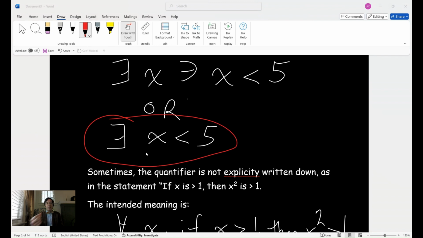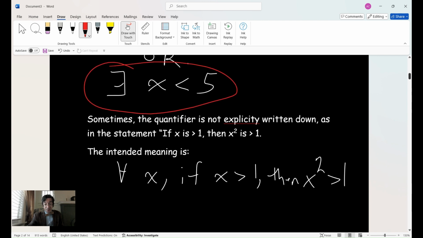Now, what about the statement that you see next? If x is greater than 1, then x squared is greater than 1. Some may thoughtlessly scribble it down as it stands, but the discerning mathematician will recognize the tacit assumption of universality. Hence the proper way of writing this in symbolic logic would be like this.